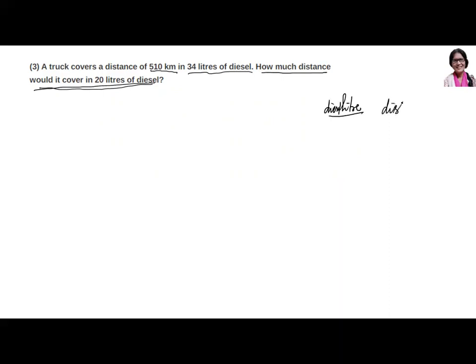So they are directly proportional, distance and diesel. So we'll write in this way. I'll write diesel in liters, or you can mention L, and here it is distance.